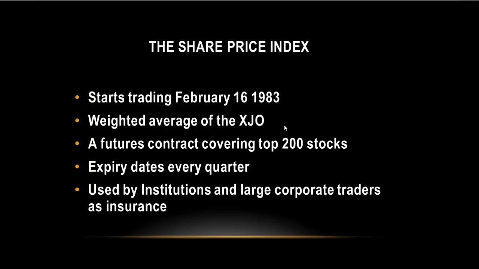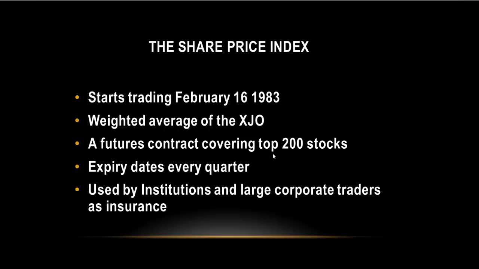The share price index is taken from the values of the XJO, which is the top 200 stocks in my country. Basically they take all of the shares of the top 200, make allowances for the capital on issue and the price of the market to come up with a figure that's a good indication of the Australian market.